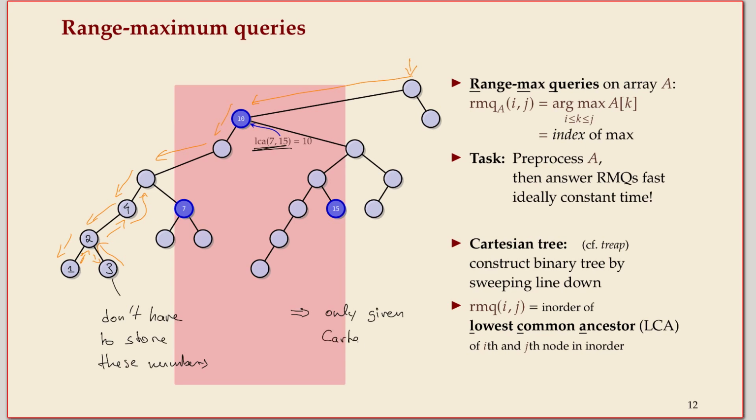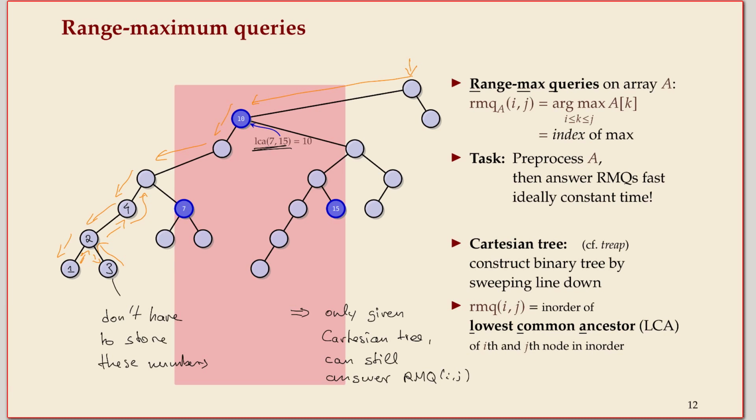And that's the Cartesian tree. The Cartesian tree is exactly this binary tree. We can still find the answers to range-minimum queries by looking up the nodes, if we have i and j. How do we do this?